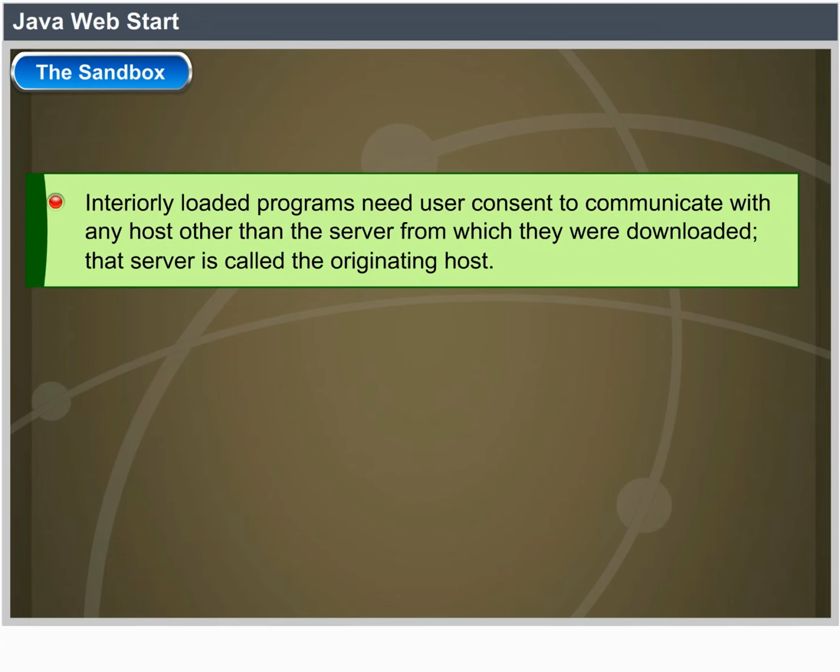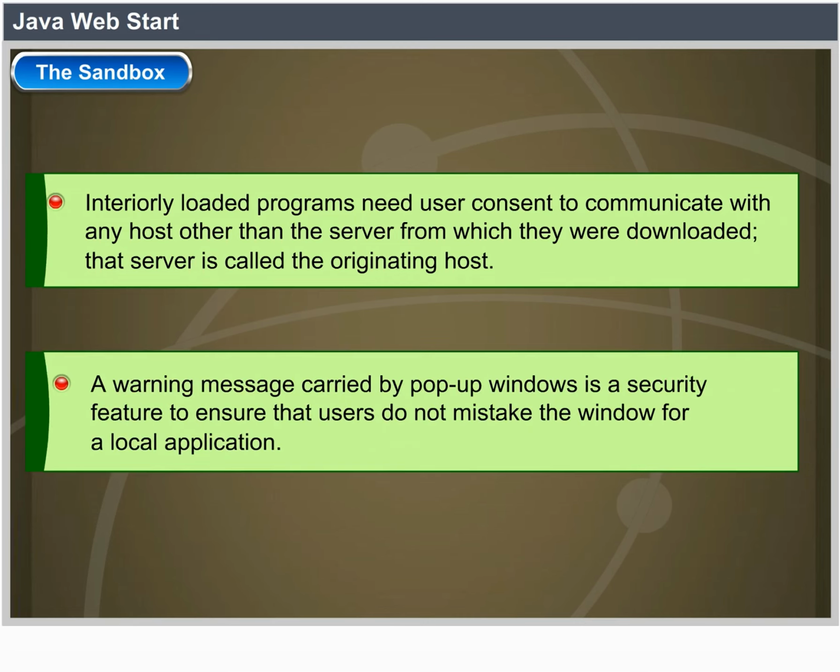Remotely loaded programs need user consent to communicate with any host other than the server from which they were downloaded. That server is called the originating host. A warning message carried by a pop-up window is a security feature to ensure that users do not mistake the window for a local application.